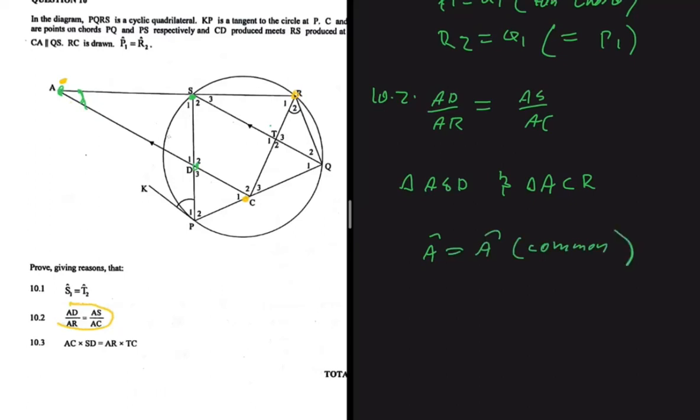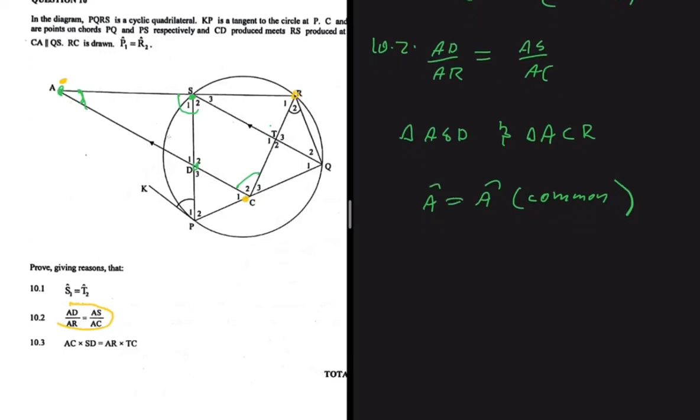So from here, where do we go? Let's see. Here we are expecting angle S1 to be equal to angle C2, right? Because of how the triangles are. So let's give it a look and see how we can potentially prove that. We already know from 10.1 that S1 is equal to T2, right?